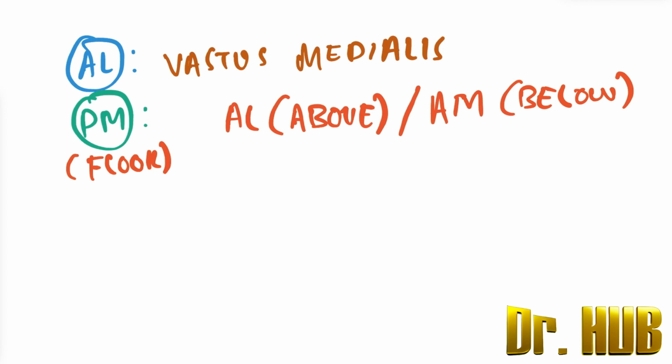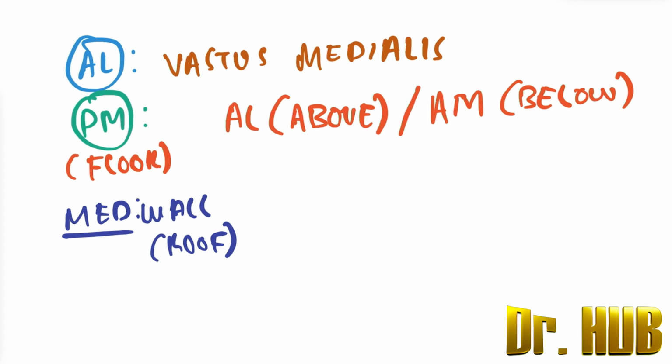Now let's look at the medial. The medial wall is nothing but the roof. Here there is a fibrous band and it connects the vastus medialis with the adductor longus.